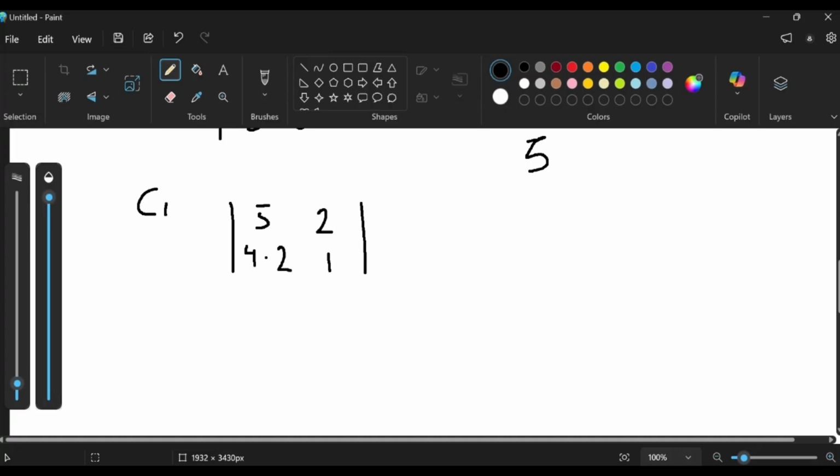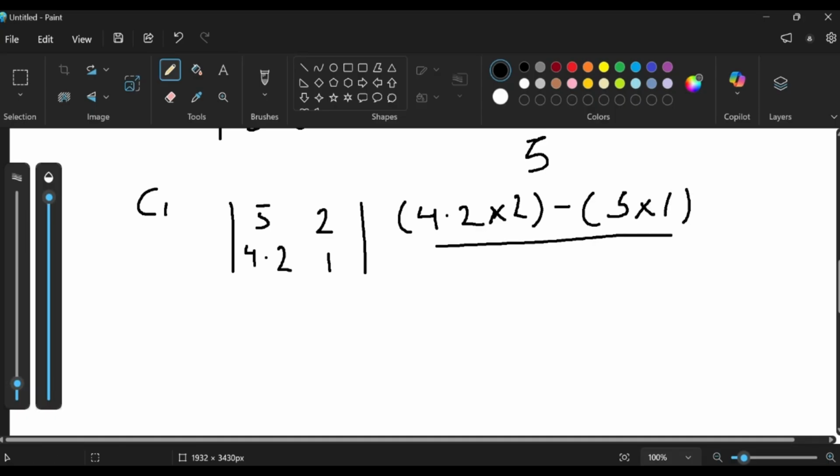So computing this, we have 4.2 times 2 minus 5 times 1, then we divide through by 4.2, and the answer we would get for that is 0.8095.